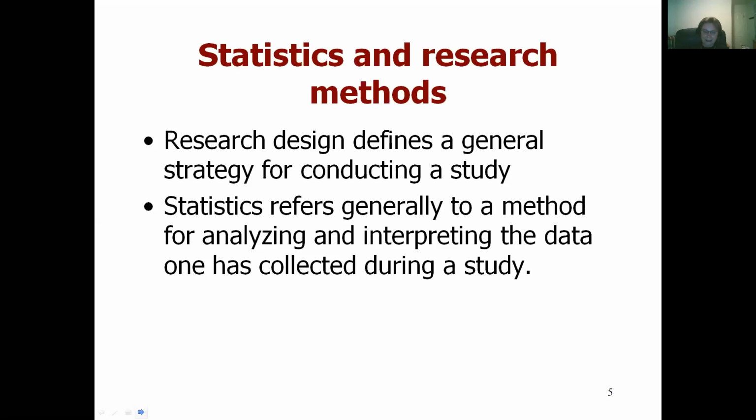So in that sense, statistics is sort of subordinate to research methods. However, without statistics, there is no research, because if you don't know what to do with the data, it's going to be useless. So it's a smaller component, but it's a very important component, probably the most important component.